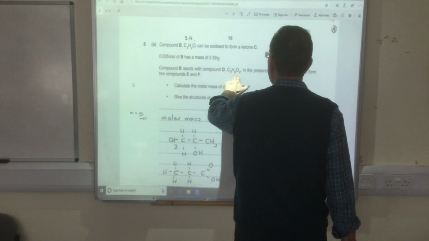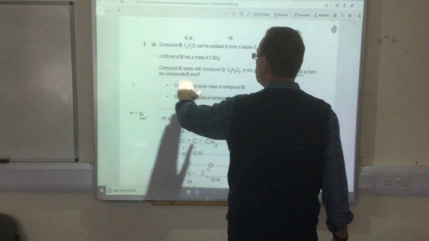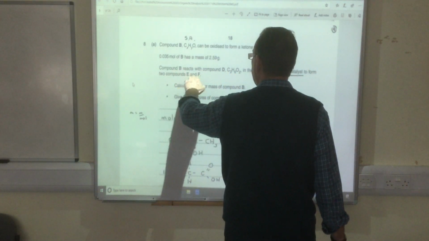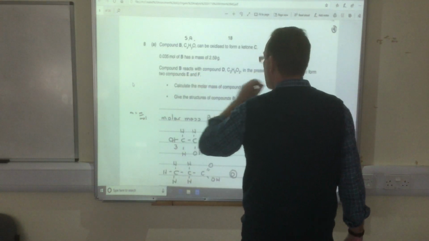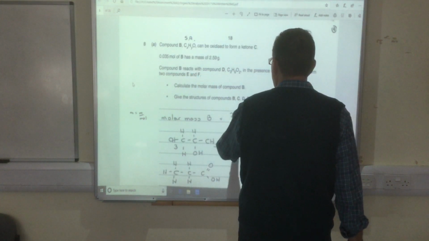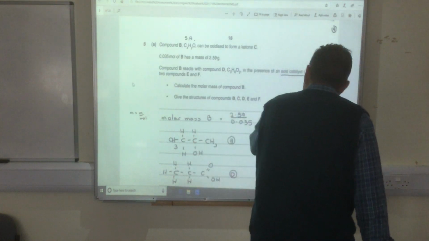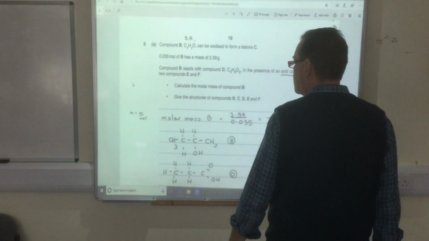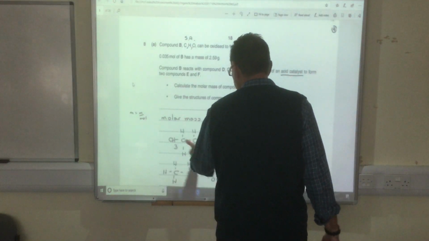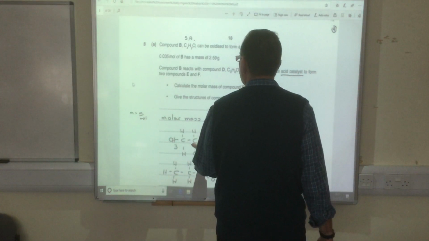B reacts with D in the presence of an acid catalyst to form 2 compounds, E and F. Okay, right. You can dive in. 74, got to be a secondary alcohol. That's the only possible structure it could be.